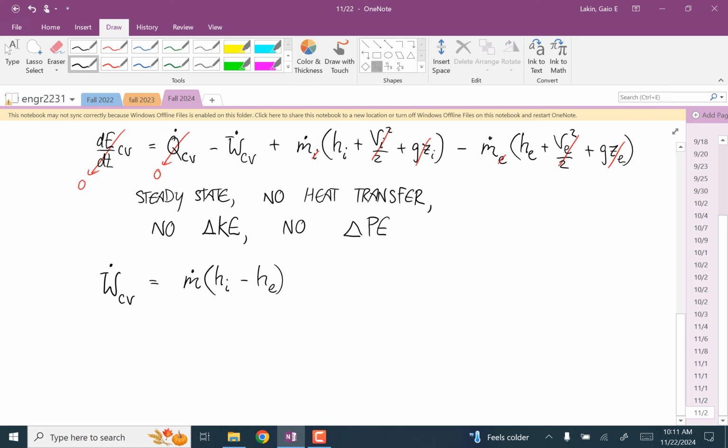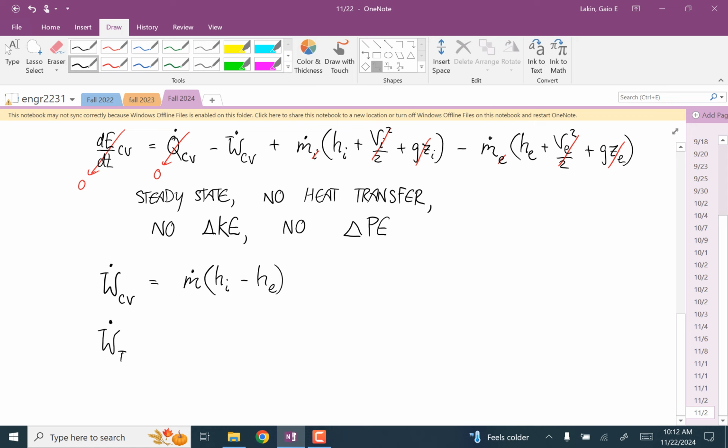So now we have to think, okay, the work at the turbine is positive when it's coming out. This is our W_T dot. And so that sign convention matches the sign convention for the first law. So I'm just going to replace this with W_T dot.